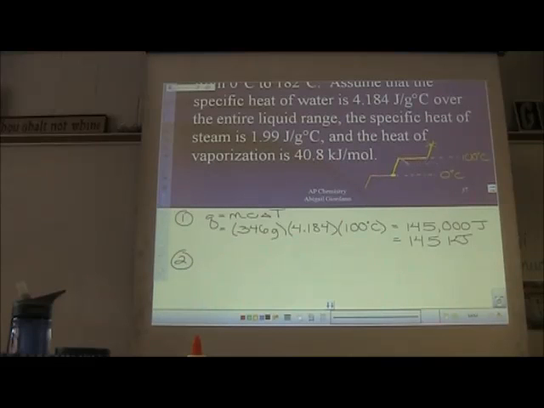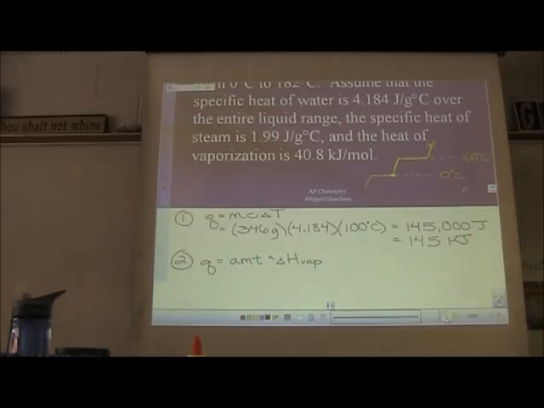Okay? How do you do step 2? Okay, so amount times the heat of what? Not fusion, vaporization. Now guys, this is why I said amount. Look at the heat of vaporization we're given. It has moles down there.